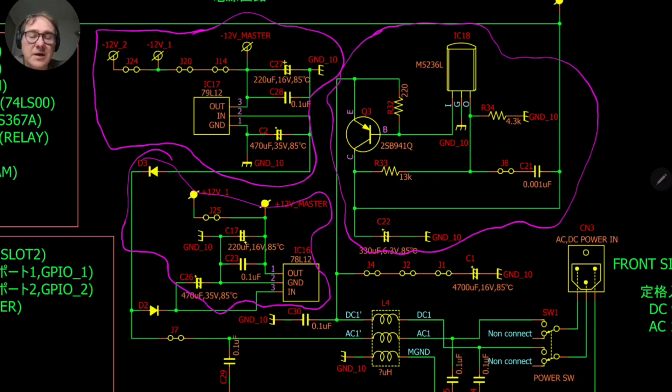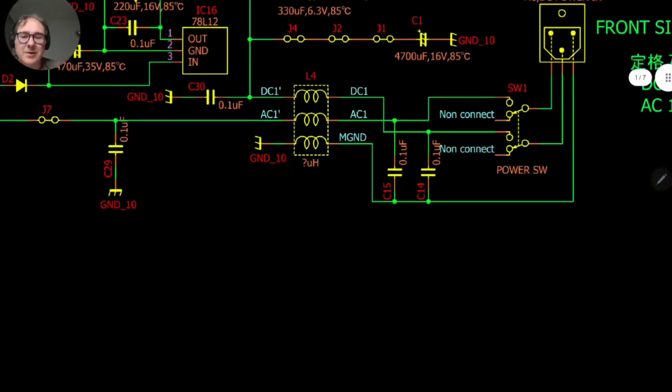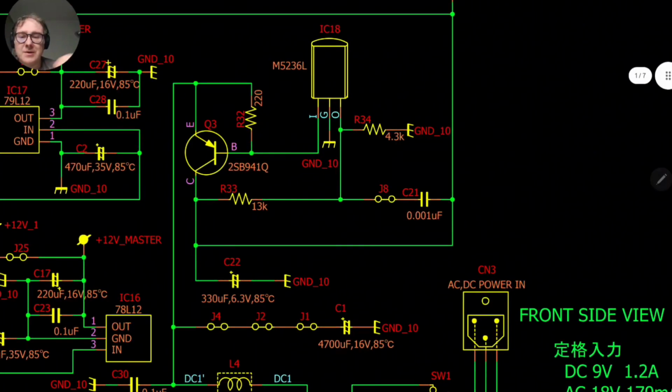So let's have a look at each of the parts. This part and this part are very classic. It uses the very well-known 7812 and 7912 to generate the two voltages, and the little bit special one is this one, the 5 volts one.